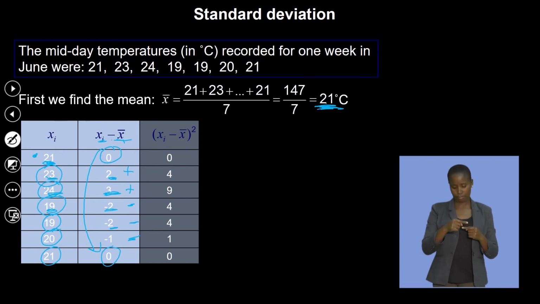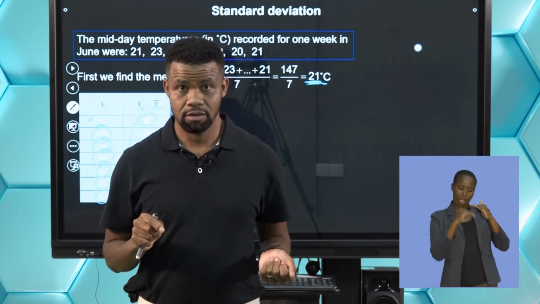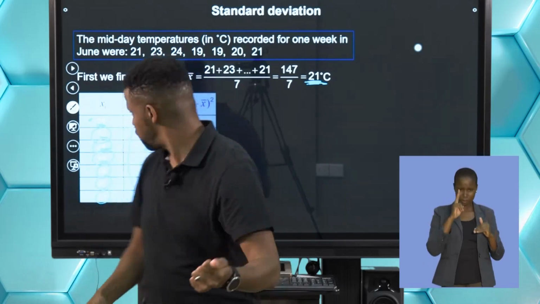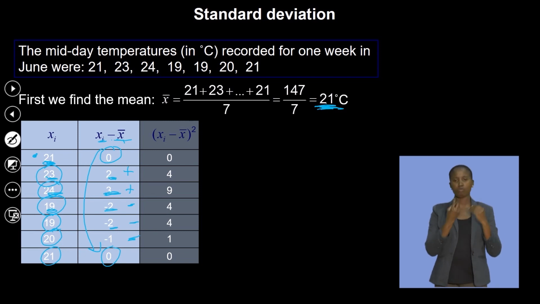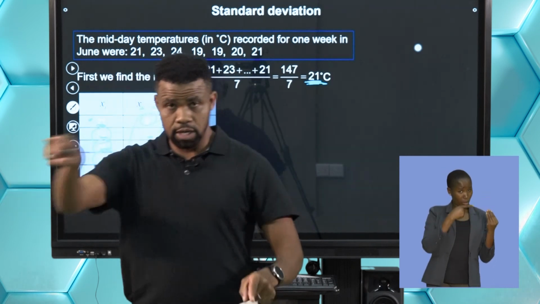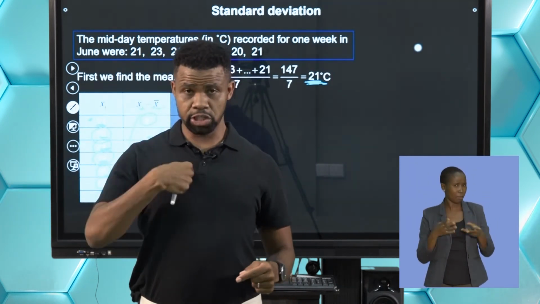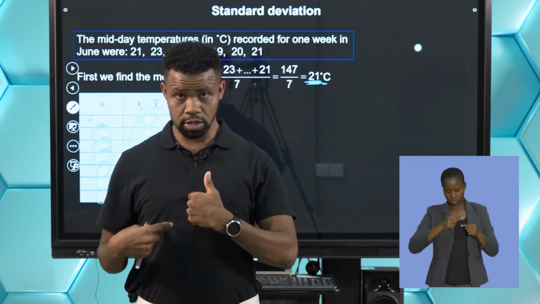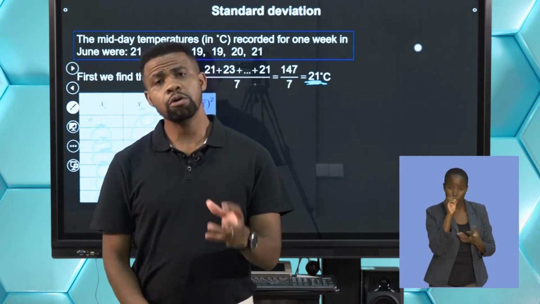And 19 is 2 units below the average. It's below the average. And 20 is 1 unit below the average. And if you look at 21, it's the same as the average. And what is my distance between the 21 and the average? 0.